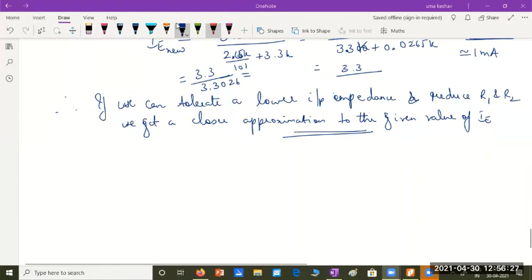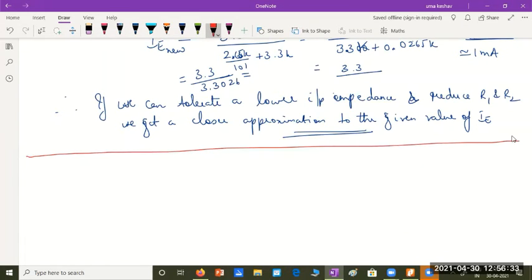Okay, let's continue with the next bias, which is collector to base feedback bias.